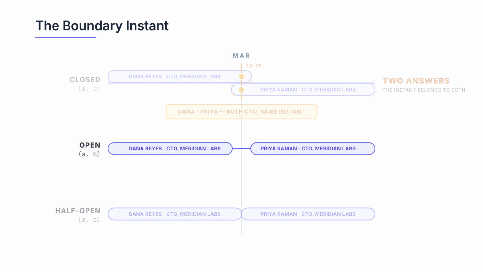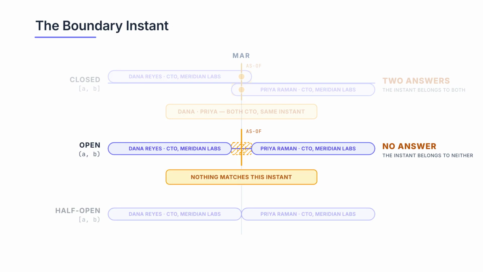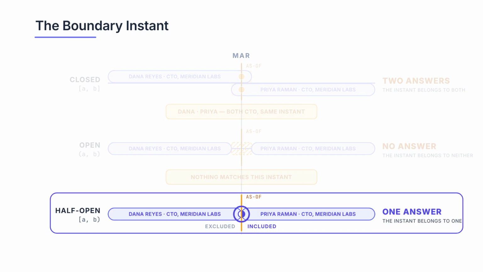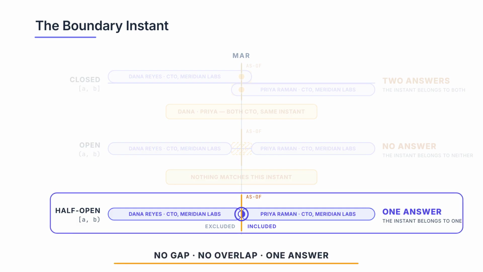If both ends are open, the instant belongs to neither, and your query returns nothing at all, which is arguably worse because it looks like an outage. Half open, and the instant lands in exactly one place. One answer every time, including on the boundary. That is the whole argument.